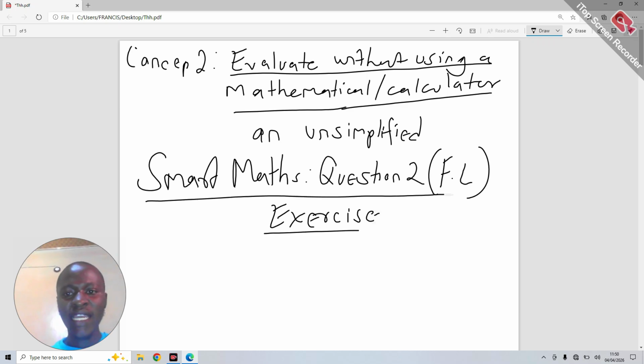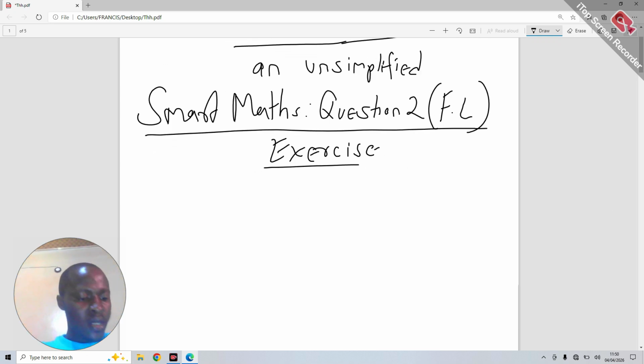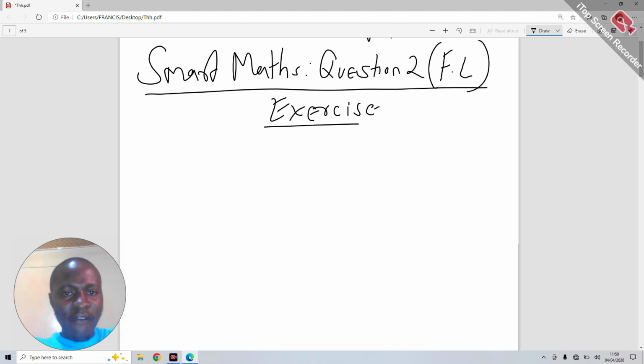You shall get a good example of the question with our concept number 2. Okay, I have an example here, example number 2, which reads, evaluate without using a calculator or a mathematical table.